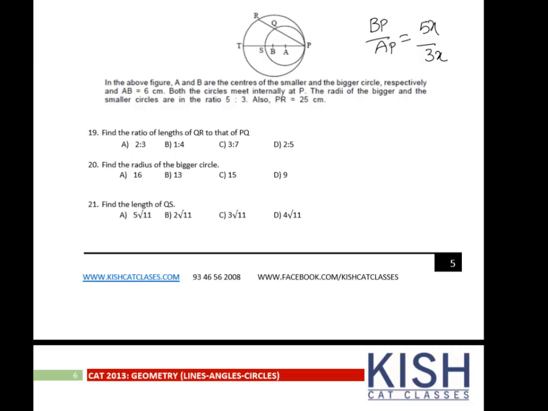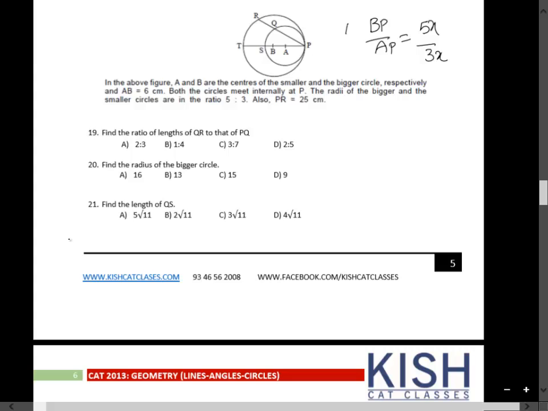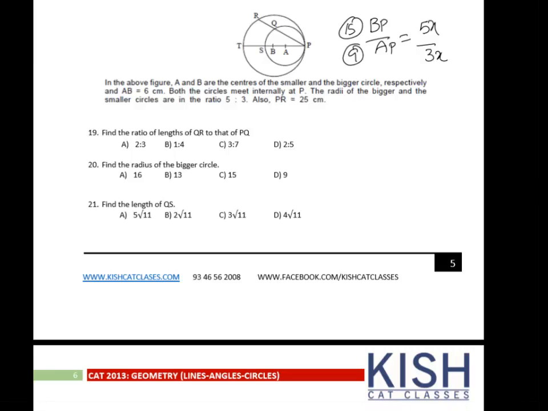X equal to 3 means 15 and then AP is 9. Now what should I find? PR is also given. What is PR? Chord of the larger circle and then secant to the smaller circle. Now find the ratio of the lengths of QR.